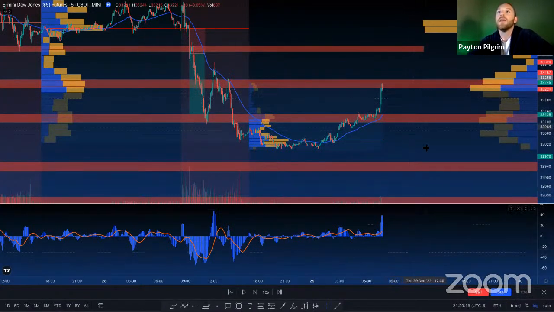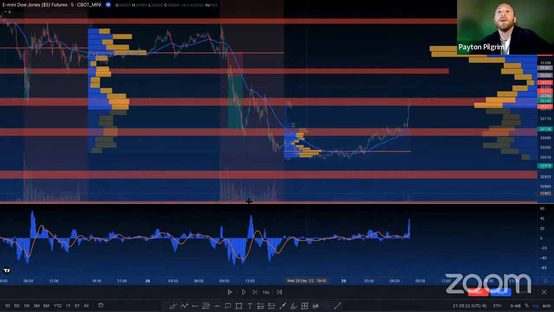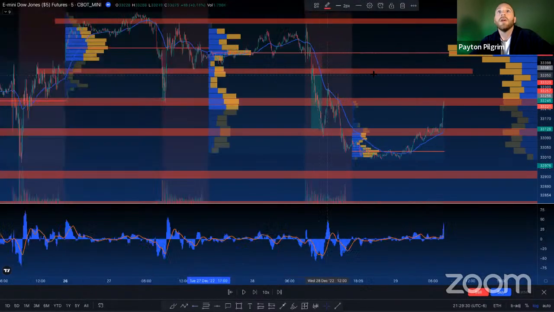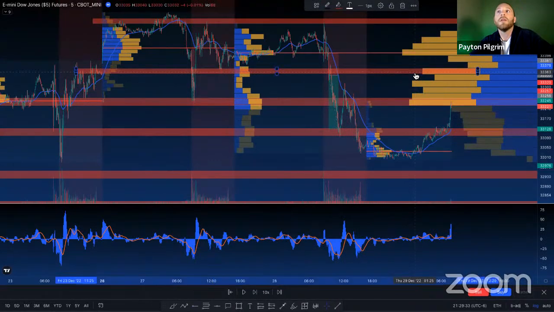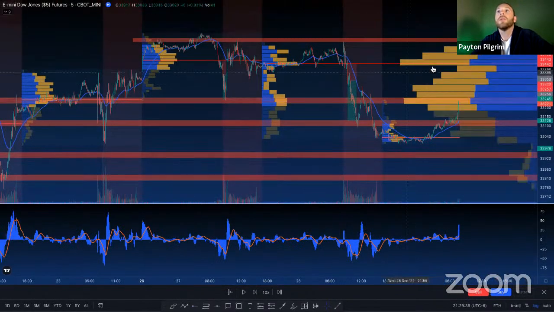So that's why I'm testing this volume profile out more than anything. Here is an untested area, an untested point of control that it looks like we're going to get into. So we'll mark this off. That'll be an interesting area. I'm going to delete this because it doesn't look too important. I'm going to play this area instead.